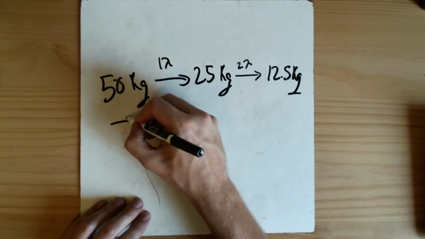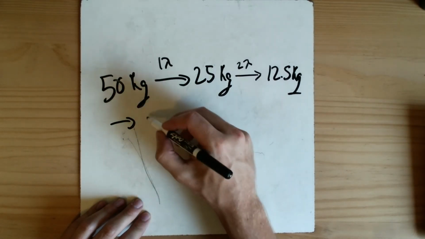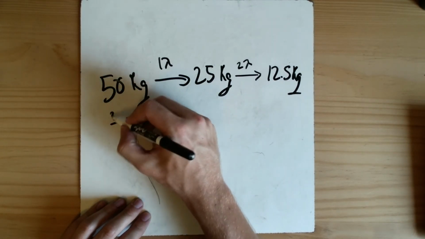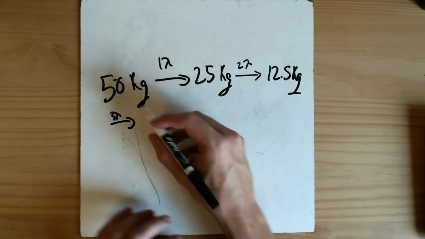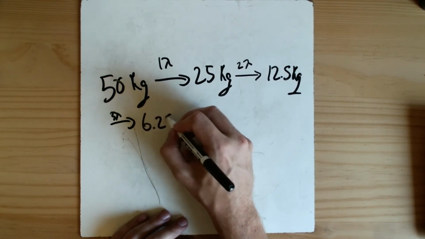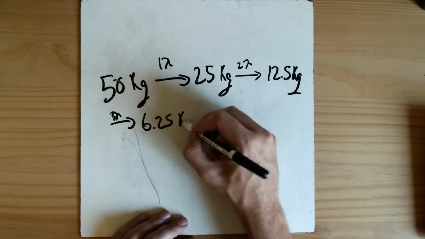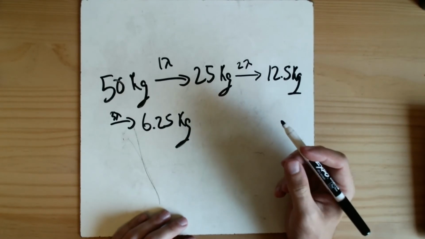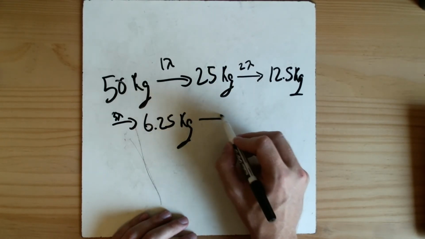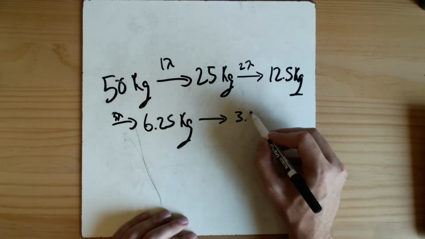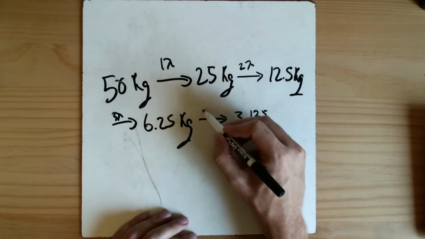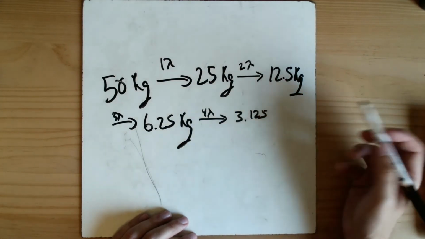If I was to keep going with this, the third half-life is going to be 6.25 kilograms. As we keep going, this is going to be 3.125 for the fourth half-life.